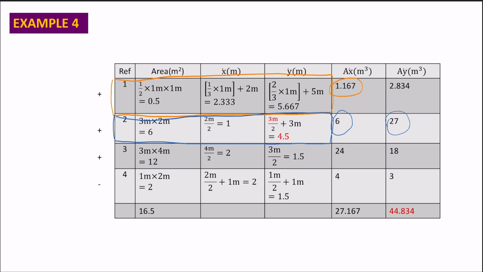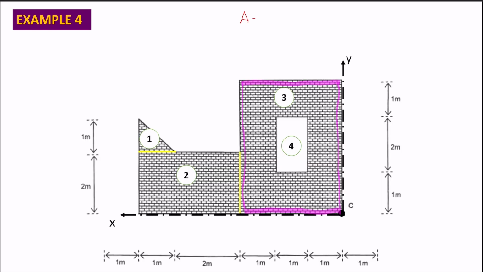For section number 3, the area would be B times H for the rectangle, 3 meter width times the height of the rectangle, 4 meter. We need to find the X bar from the centroid of the rectangle to the x-axis. It should be half of the height of the rectangle, which is 4 meter divided by 2.